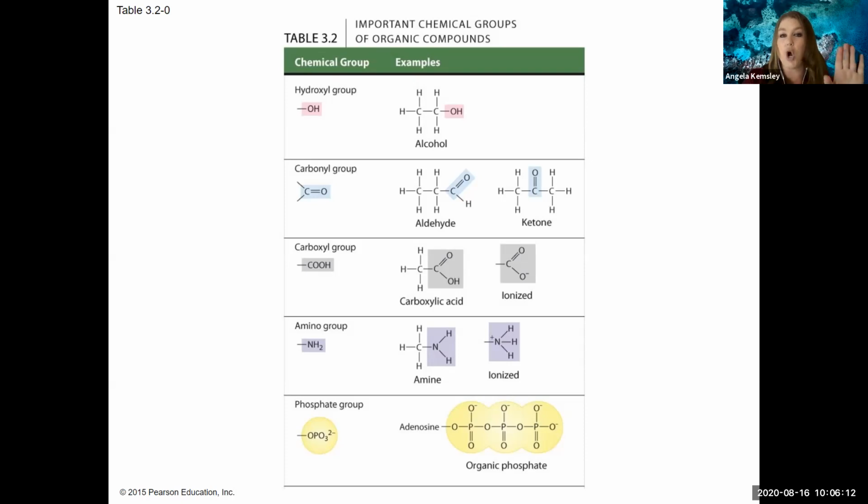Now here's some homework for you. I mentioned that each of these chemical groups affects the molecule in an expected way. So I want you to print this out, write it down, write down what the chemical group is, and then make an extra column for how it affects the molecule. Look it up in your book and fill that in. So figure out, if we have a hydroxyl group, if we have an OH bonded to our carbon skeleton, what does that do to the molecule?